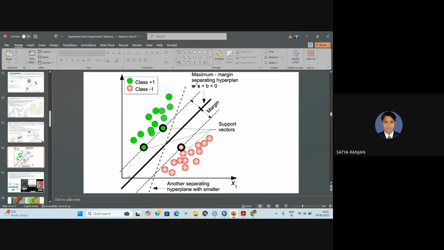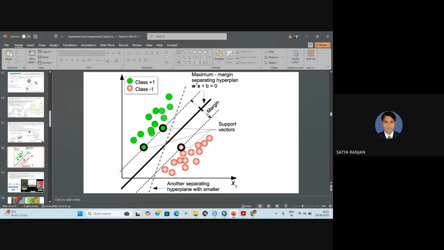So this is the support vector machine, and this is an image of different classes. The green is one class, and this color is a different class. These are demarcated and segregated by some margin. If the margin is very close, then some of the features are included in class 1, and other features are included in class 2.